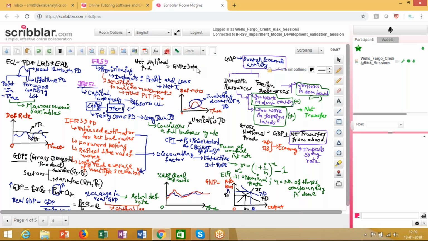Now, even this net national product is a function not only of the output but also of the prices, right? Hence, we need to reach the real value of net national product.